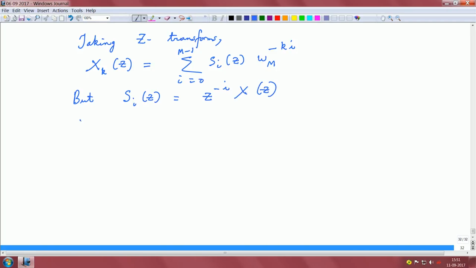So therefore we can say xk of Z equals summation i equals 0 to m minus 1. So just plug this one here.